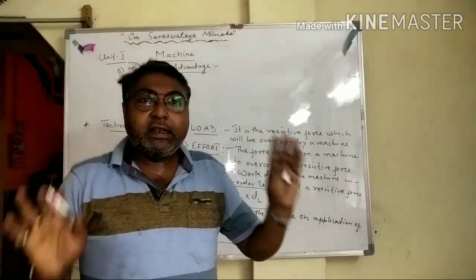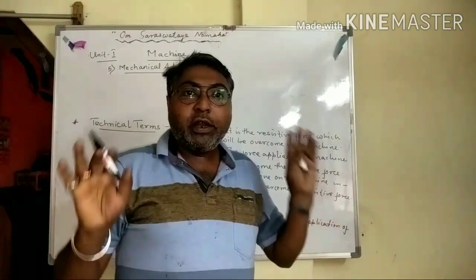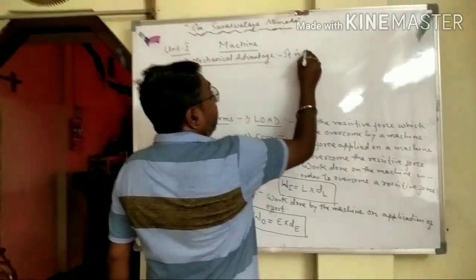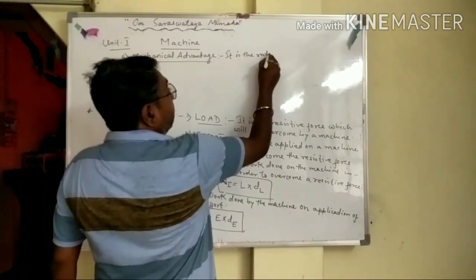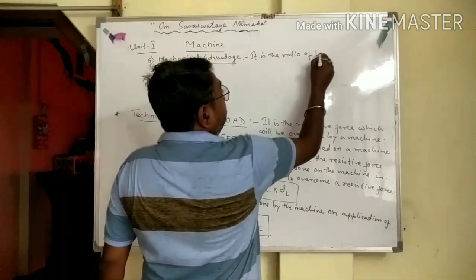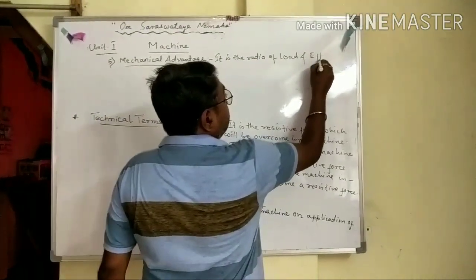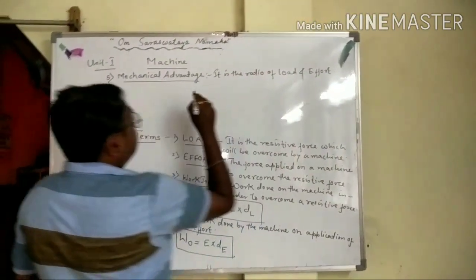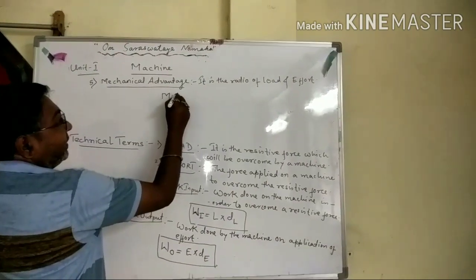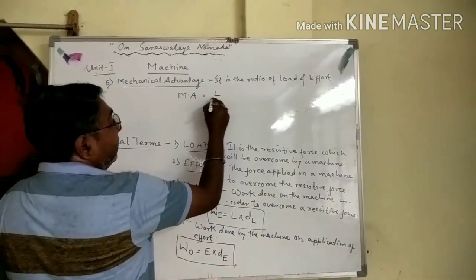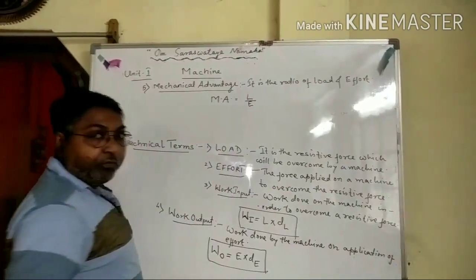But literally it is nothing but the ratio of load and effort. So symbolically I write capital M.A. is equal to L divided by E.